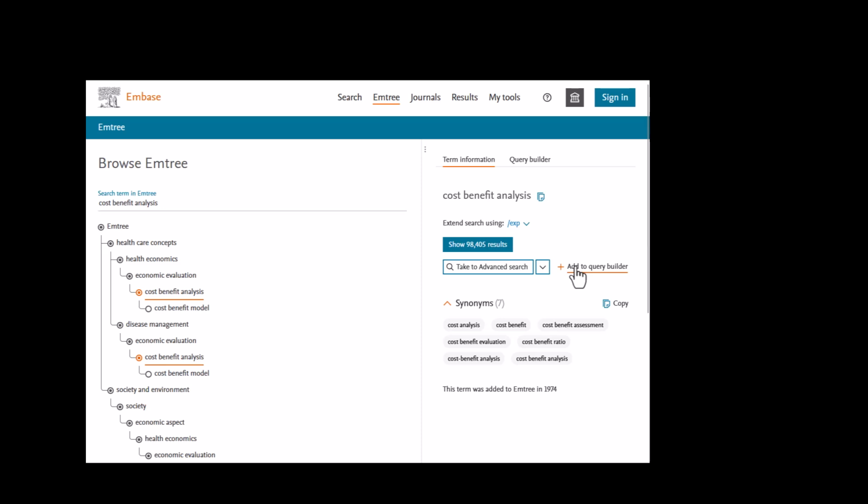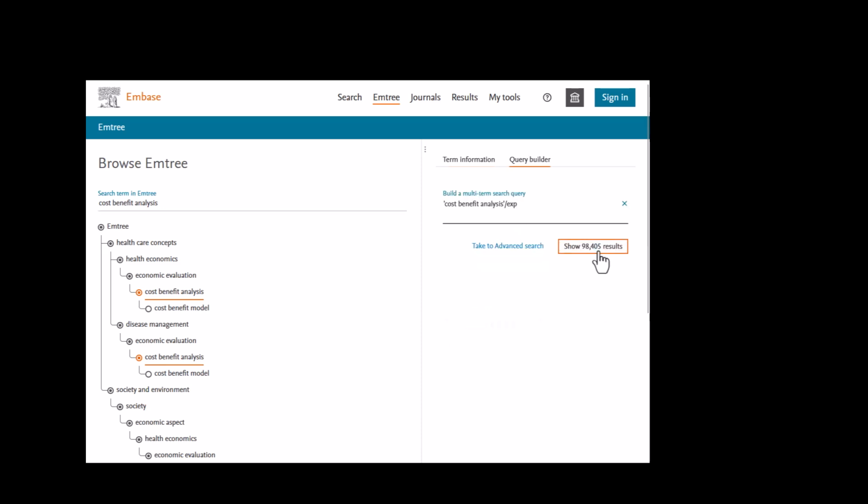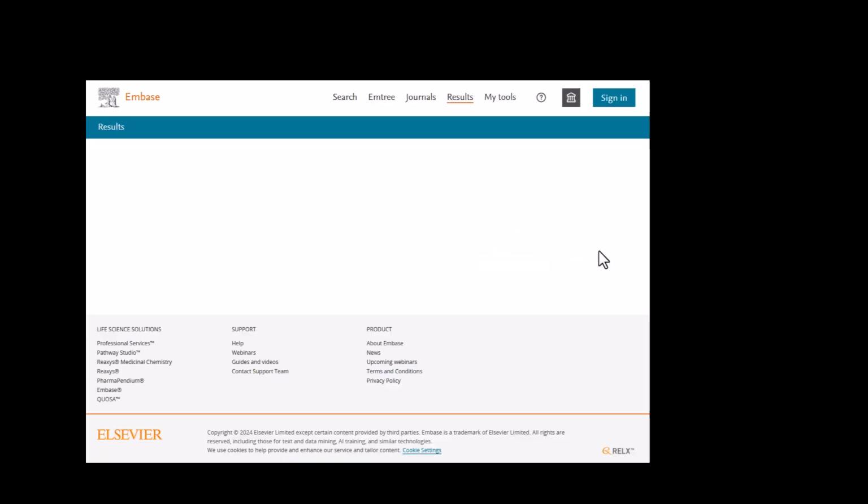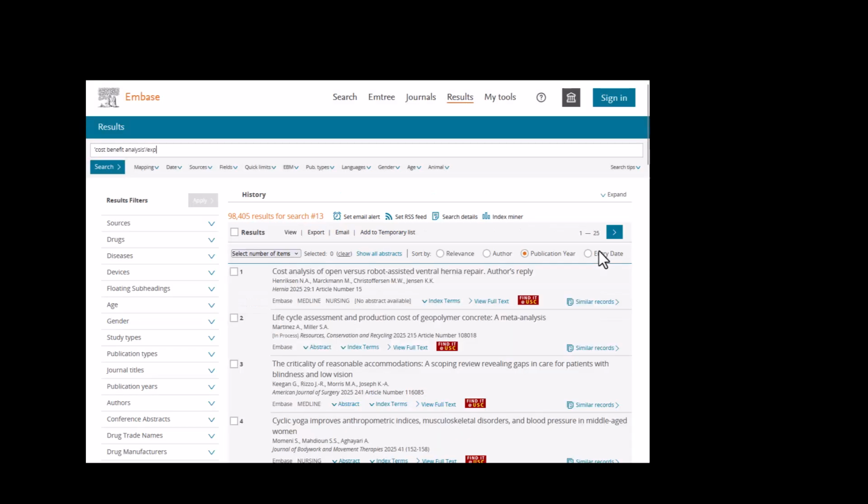Once you have found a term of interest, you can add terms to a search. You can also talk with a librarian to get help using Mtree for a specific detailed search or planning a comprehensive search.